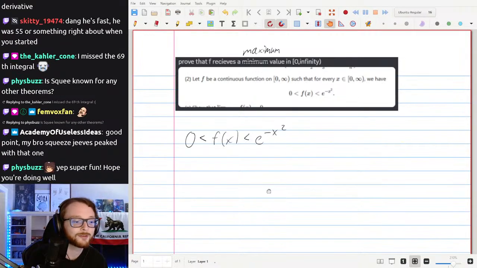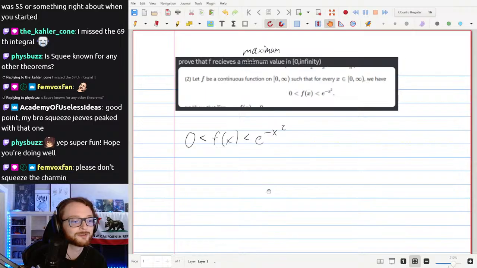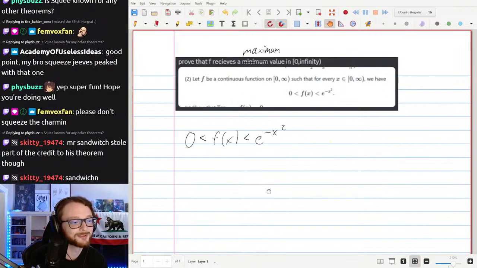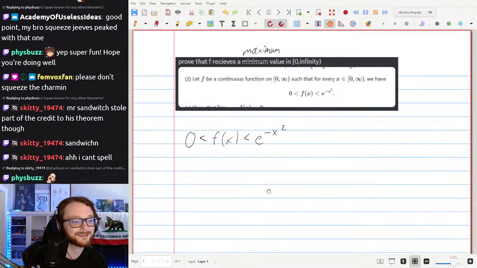Super fun? Awesome. Squeeze Jeeves. Please don't squeeze the Charmin. I see that's a brand of toilet paper. Dude, the squeeze theorem has a bunch of fun names in other languages, like the drunkard's theorem in French, I think.